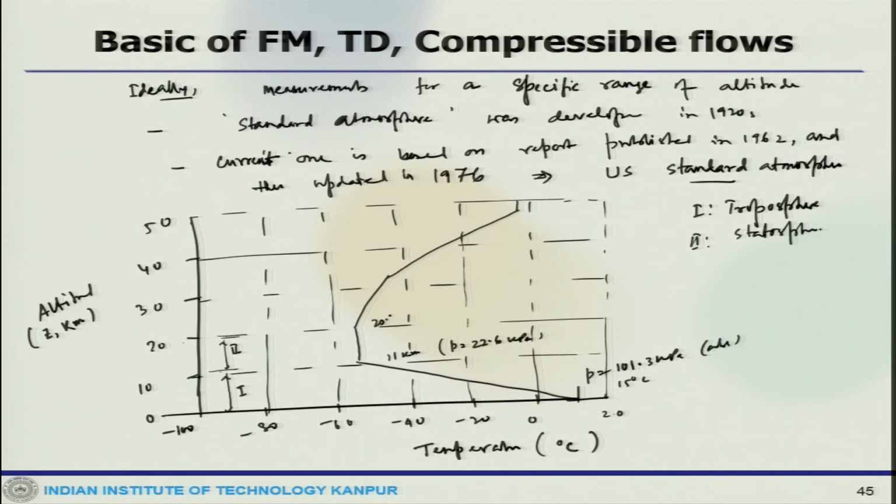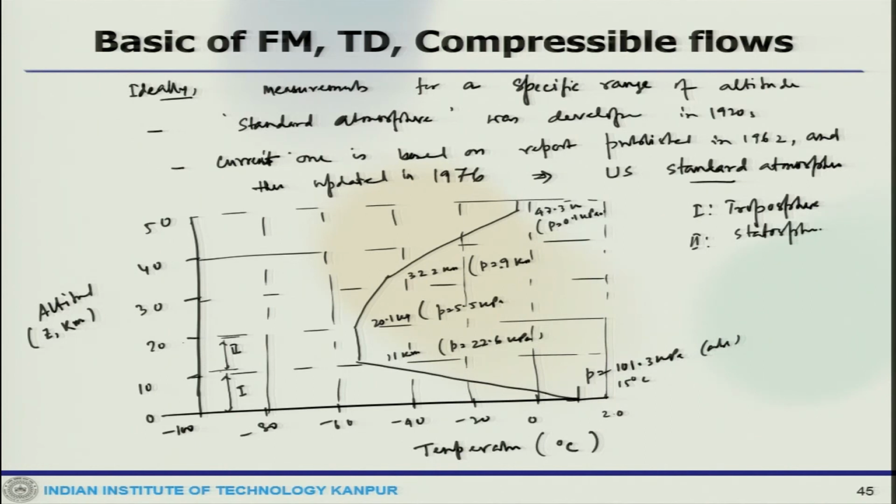This is at 20.1 kilometer, 5 kPa. This is 32.2 km, P is 0.9 kPa. At 47.3 kilometer, P is 0.1 kPa. So that's the kind of variation with the altitude one can find. So there are troposphere and stratosphere.